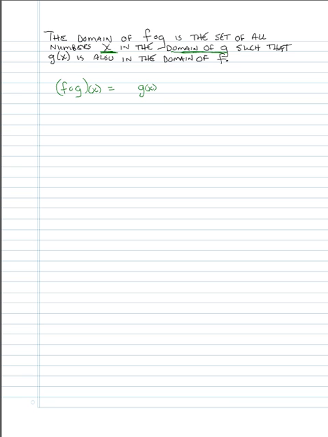But then we get a new output from g, and that output has to go into f. We've got to make sure the output we get is something we can use in f, that is, it's in the domain of f. g of x has got to be in the domain of f.